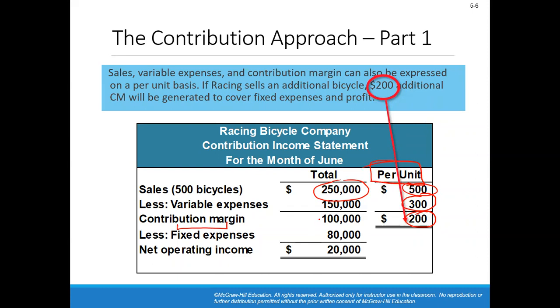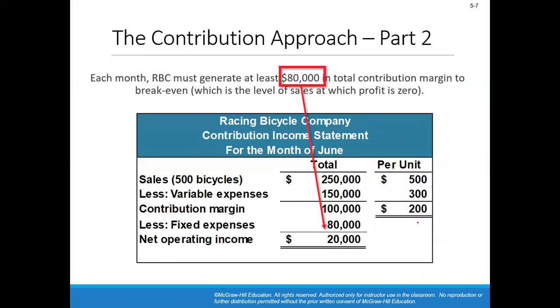It means that if we sell a single bicycle at this price and this variable cost, we will have a $200 contribution margin per bicycle to cover the fixed expenses.